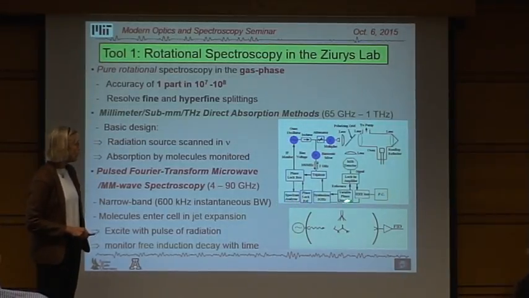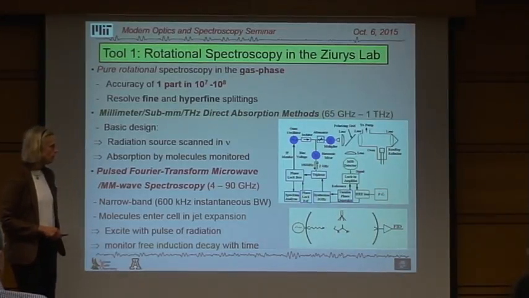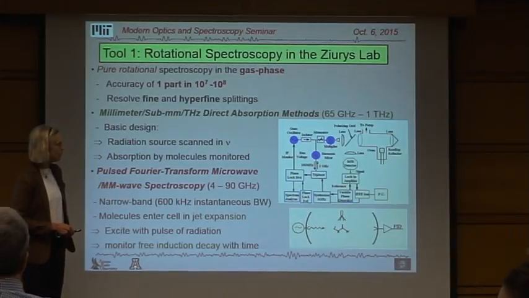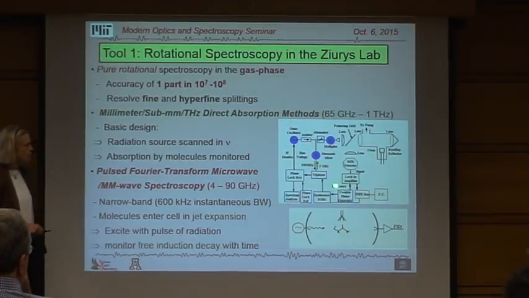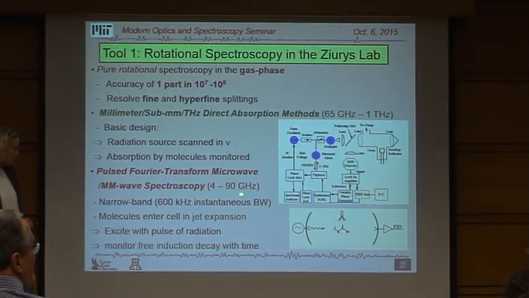My millimeter wave systems are based on Gunn oscillators and Schottky diode multipliers, and phase-locked Gunn oscillators for frequency stabilization. The detector is an indium antimonide hot electron bolometer, which we cool with liquid helium to get ultimate sensitivity, and then we do phase-sensitive detection through FM modulation of the Gunn and use of a lock-in amplifier. We also do narrowband pulsed Fourier transform microwave spectroscopy from 4 to 90 gigahertz.